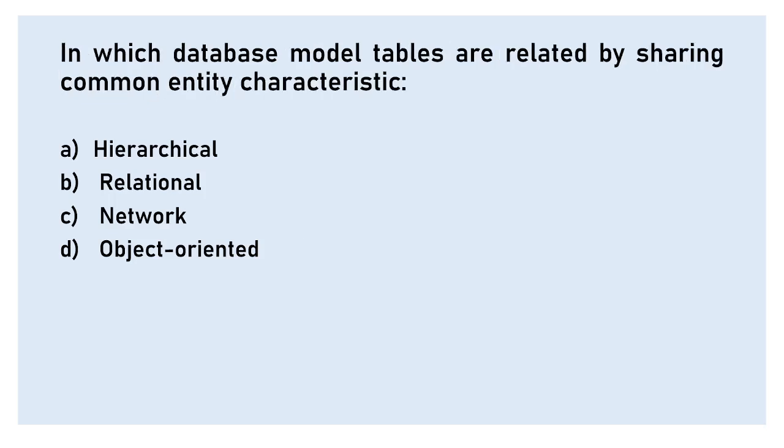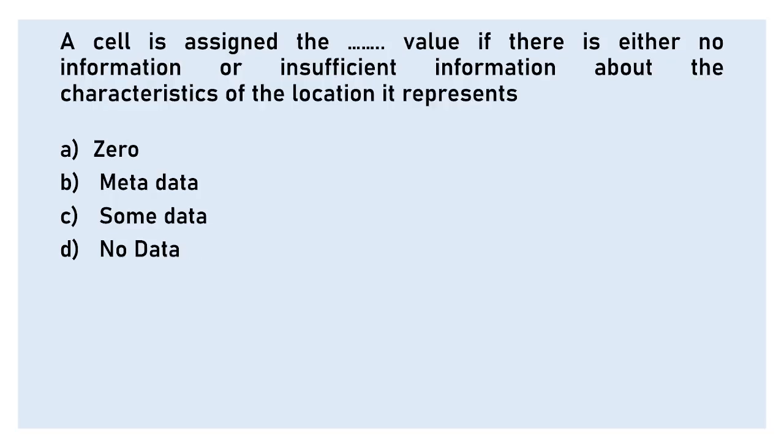In which database model are tables related by sharing a common entity characteristic? This also we have discussed. Yes, the answer is relational. The term common entity characteristic is related to the relational database model.